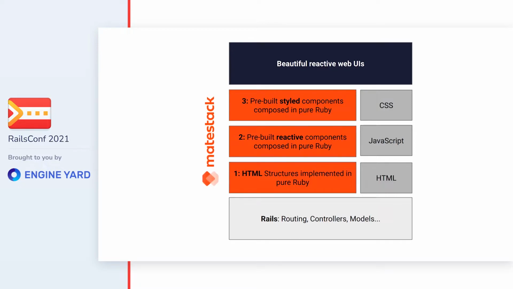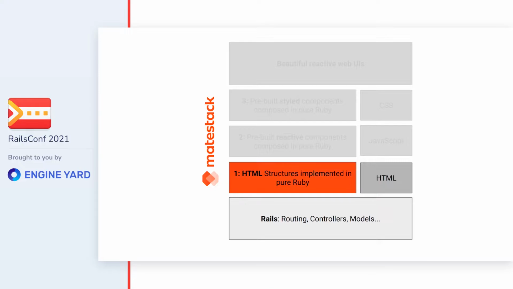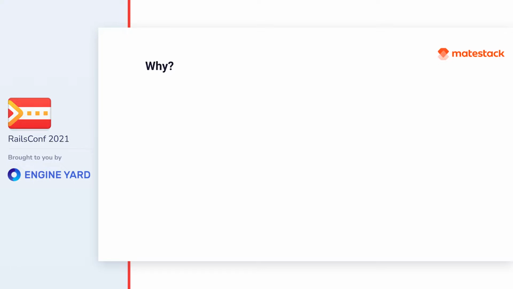So let's start with the first building block of MateStack. HTML structures implemented in pure Ruby. First of all, we somehow need to render HTML in the browser. That's basically how web browsers are working. But we can choose how to create this HTML. I therefore ask you that question.